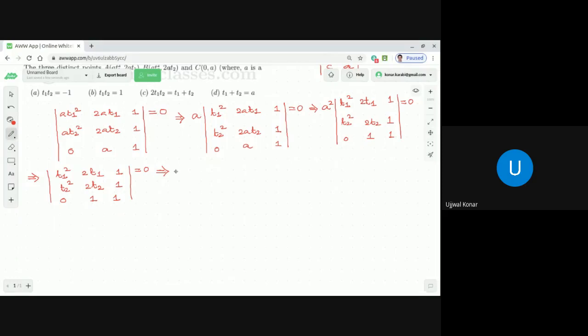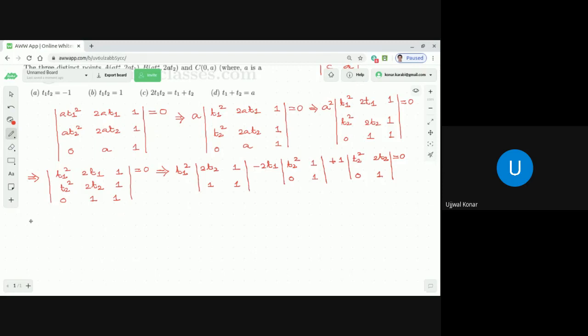So what we get is t1² times the 2 by 2 determinant 2t2, 1, 1, 1, then minus 2t1 times t2², 1, 0, 1, and plus 1 times t2², 2t2, 0, 1. That has to be equal to 0.